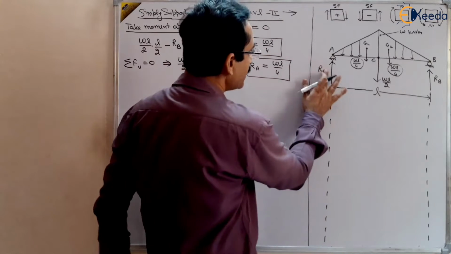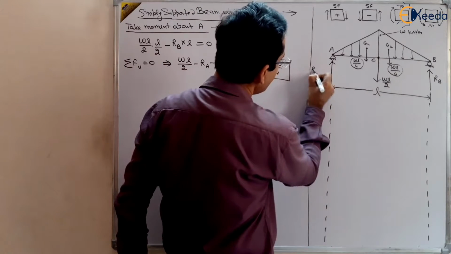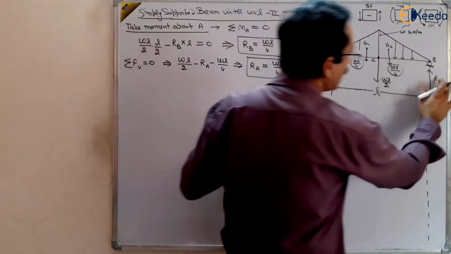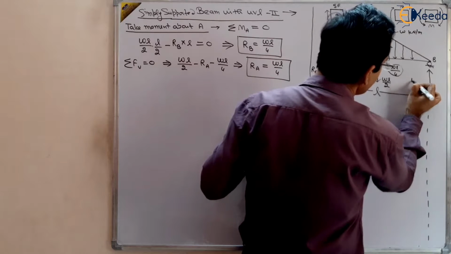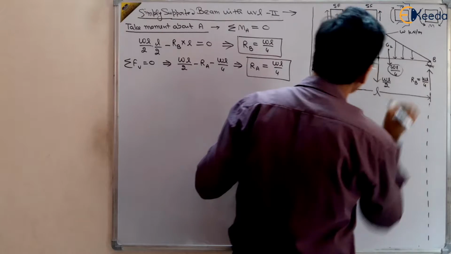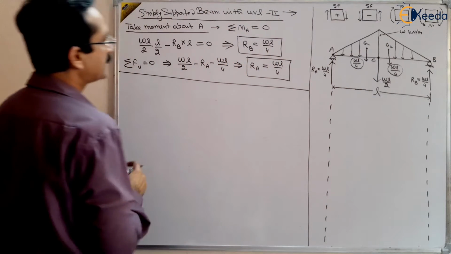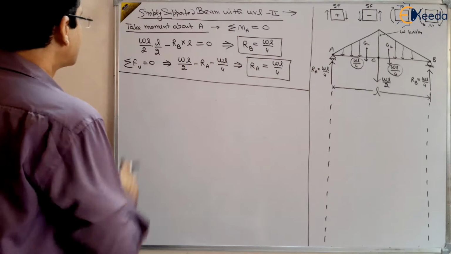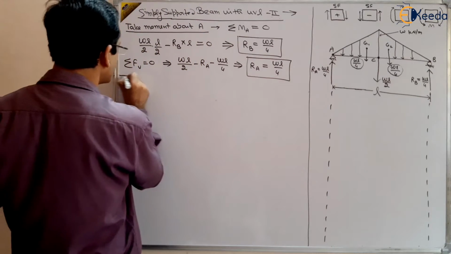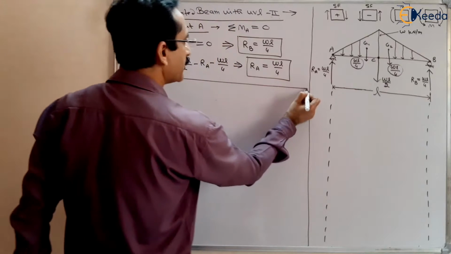So RA is WL by 4, and similarly RB is also WL by 4. So this is the case with the reactions at points A and B.